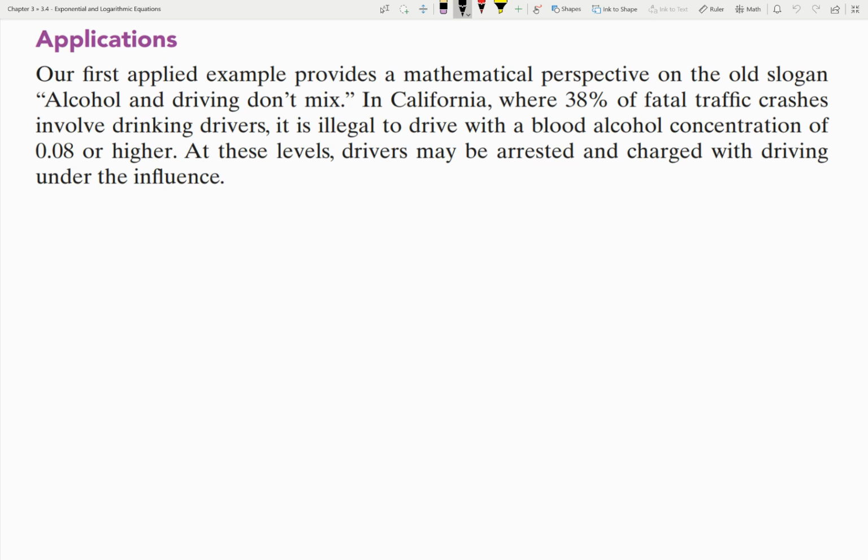In California, 38% of fatal traffic crashes involve drinking and driving. I believe this is true for New Jersey as well. I think New Jersey might be actually a little bit less, maybe 0.07. I'm not sure what the level is. And this textbook is a little older, so I'm not sure what the current level is. If you are curious, look that up.